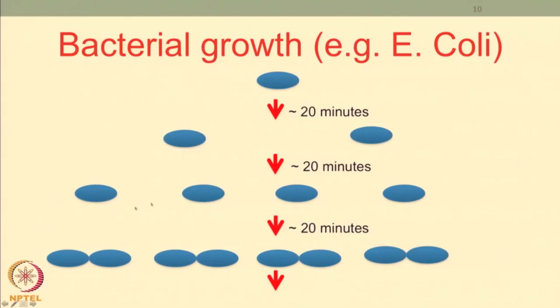So this becomes 2 and this becomes another 2, total 4 cells. Again, each of them divides into 2, total 8 cells. Each of them dividing, doubling, is what we typically call bacterial growth.